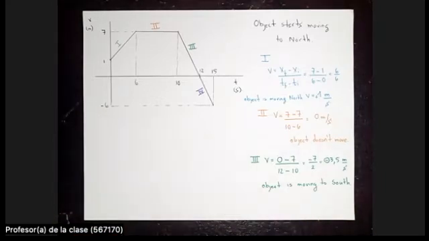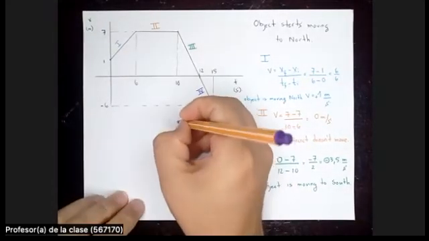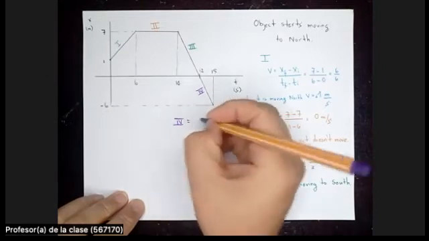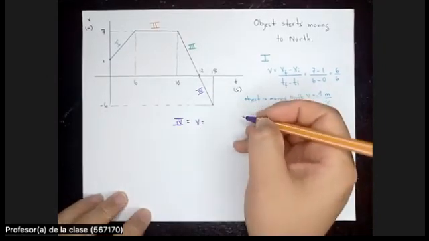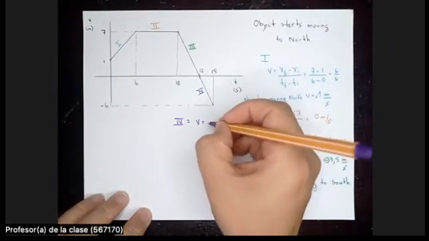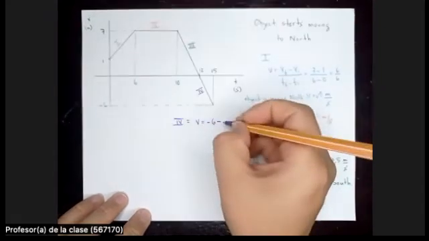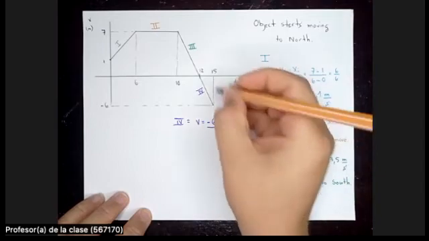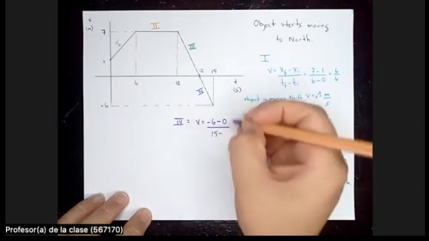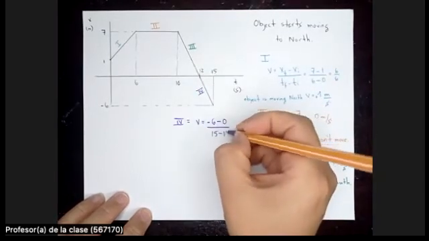Now, on the fourth interval, okay, the final position is going to be 0 minus 6. The initial position is 0. The final time is 15. And the initial time is 12.